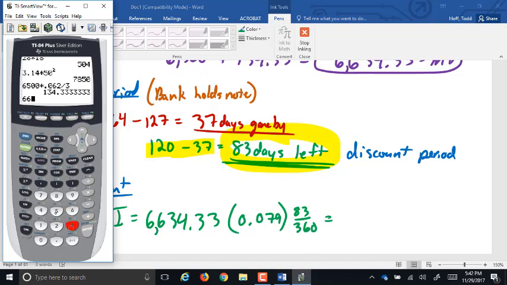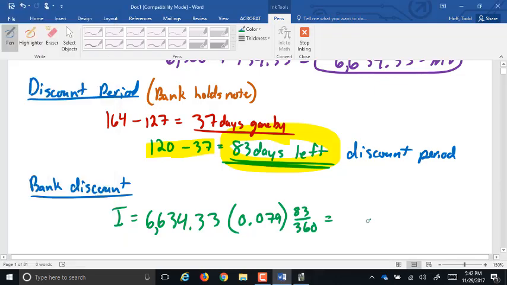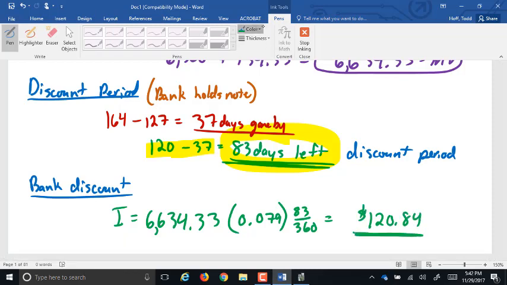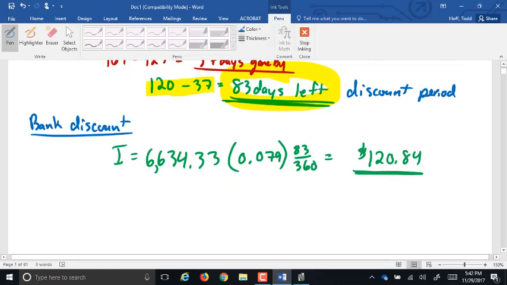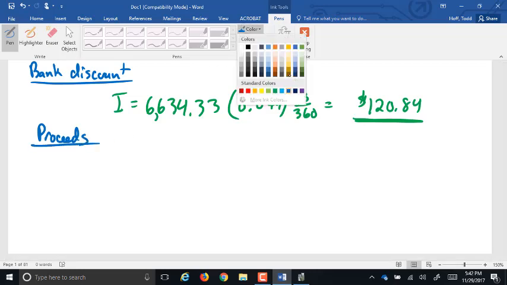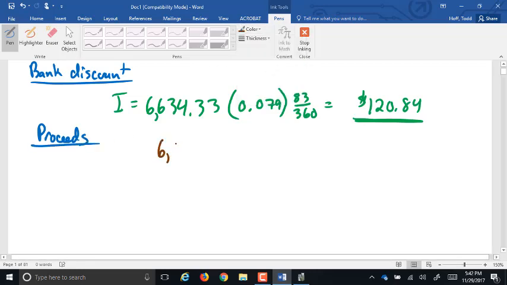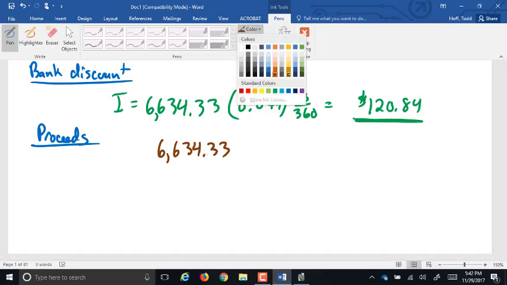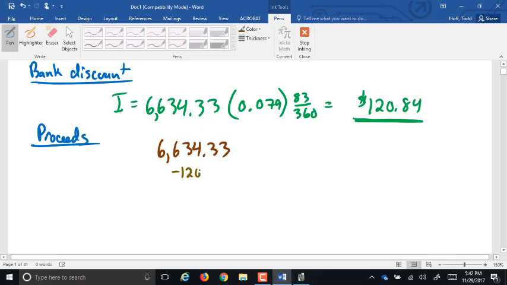So 6634.33 times 0.079 times 83 divided by 360. $120.84. $120.84 is the bank's discount. So the final step is to find the proceeds. And that is going to be found by taking that maturity value, which is the face value of this discount note to the bank, and subtracting the bank's discount.